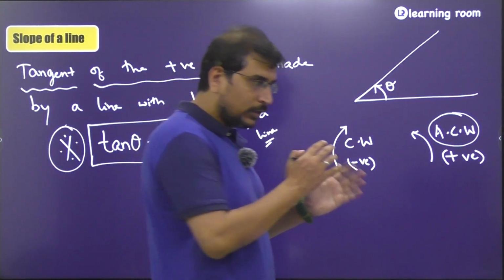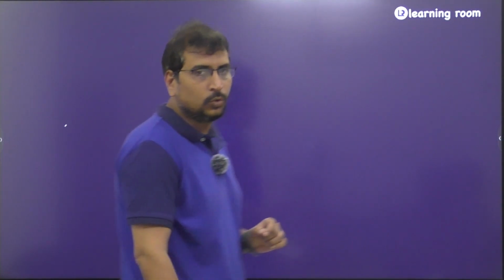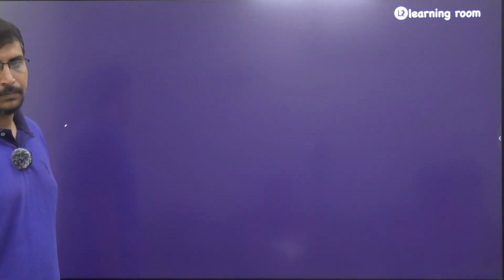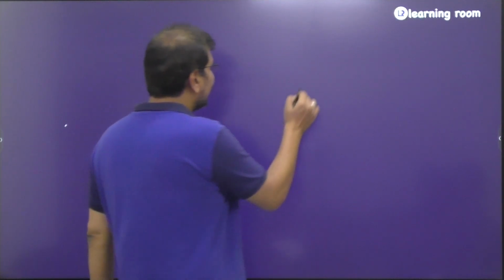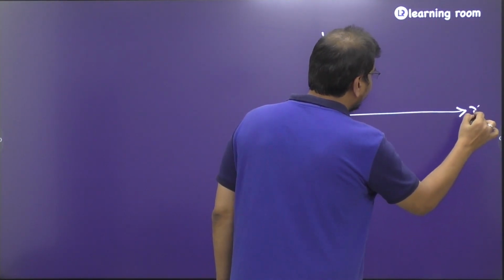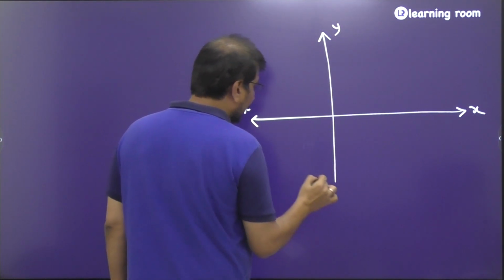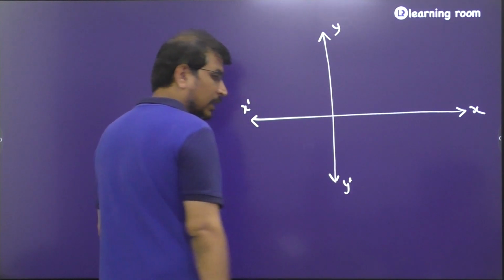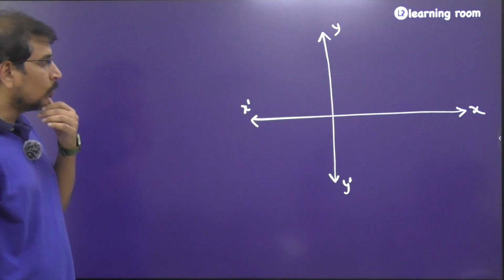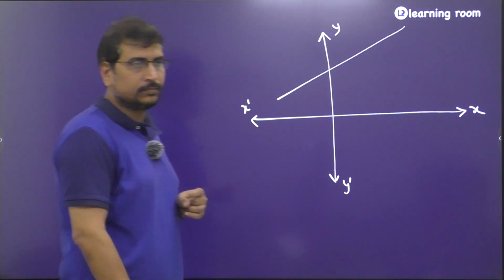Having said this, I am going to extend this concept to coordinate geometry. If I take the basic coordinate system like this, x-axis, y-axis, x dash and y dash, then I am going to draw a line like this.